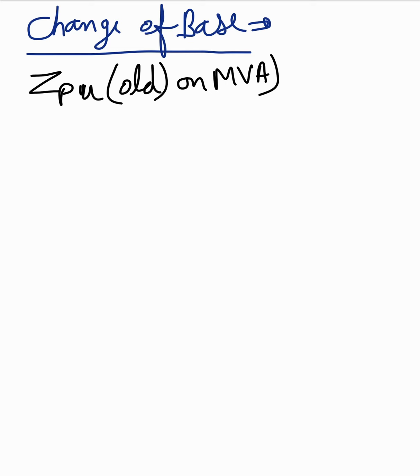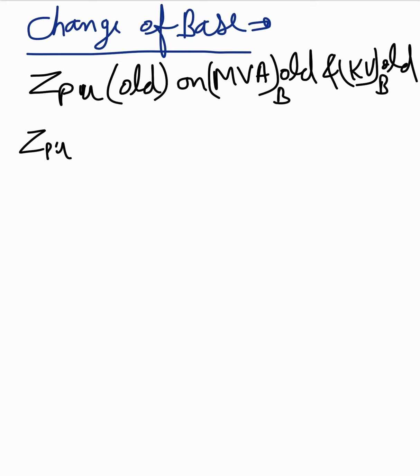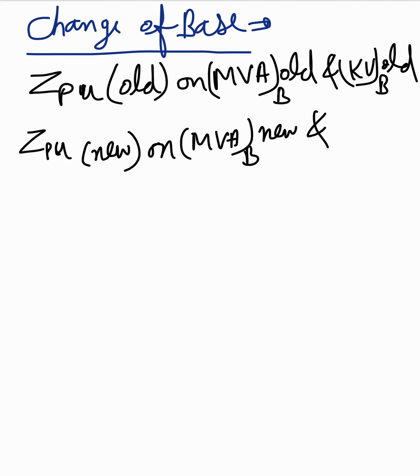So next is that Z per unit old on MVA base old and KV base old. And next is Z per unit new on MVA base new and KV base new.